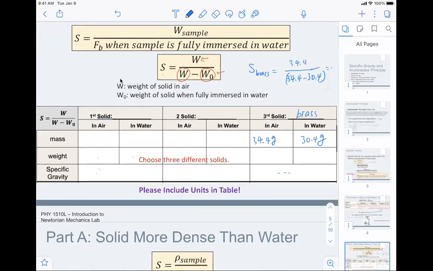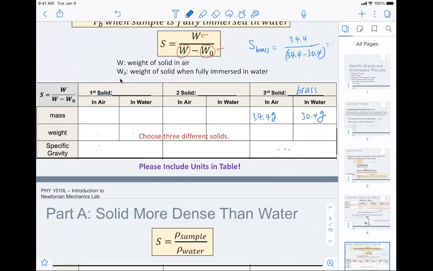Okay, so that's part A. Make sure you include your units, whether it's grams or kilograms, and the weight should be in newtons. So the weight would be the mass in kilos times 9.8. This will be in the unit of newtons.